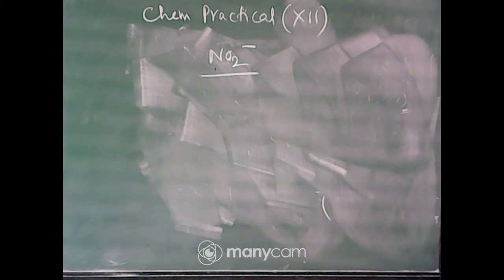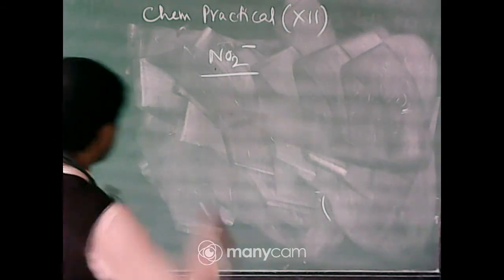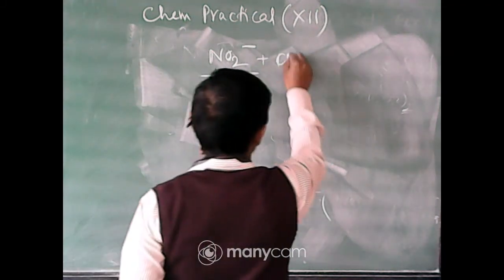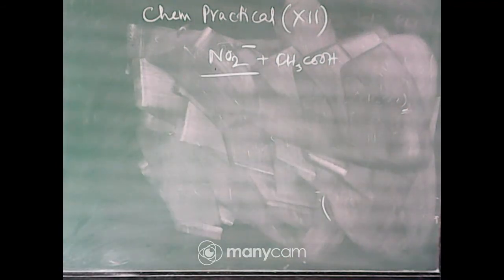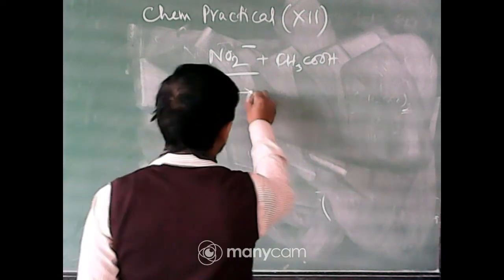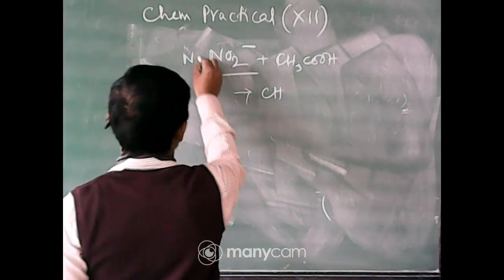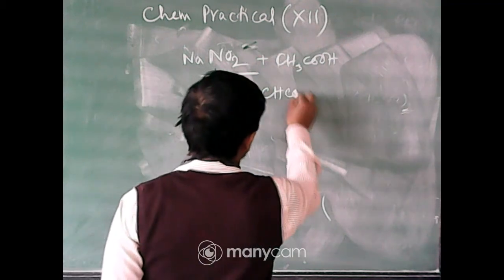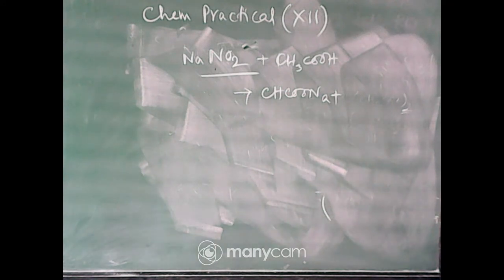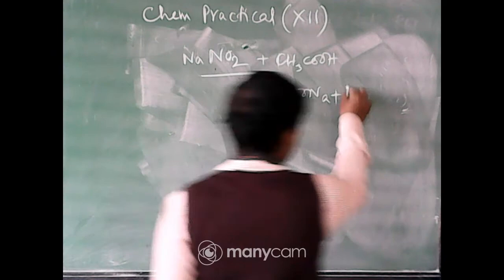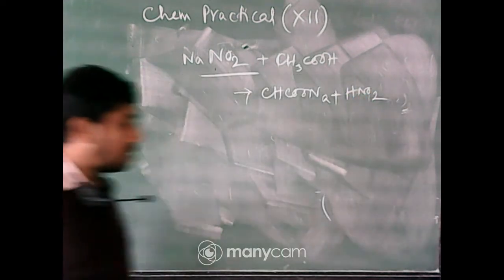Now come to the reactions involved here. Suppose nitrite is taken: NO2 minus plus acetic acid will produce, if it is sodium nitrite NaNO2, the salt CH3COONa plus HNO2, nitrous acid.